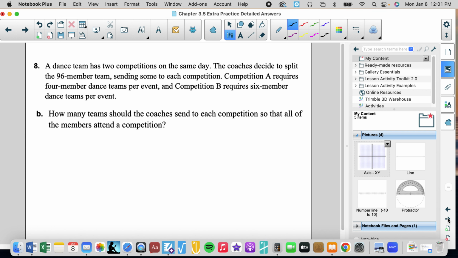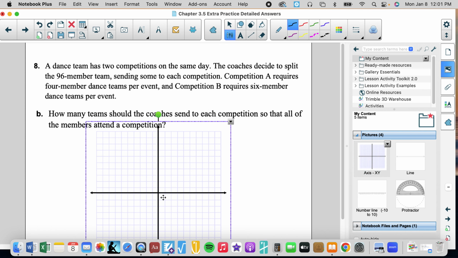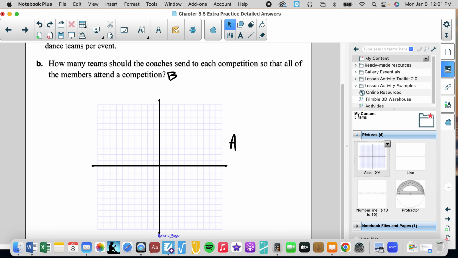So if we pull this out, let's label A as the x-axis and B as the y-axis. My A intercept was 24, and my other one was 16.